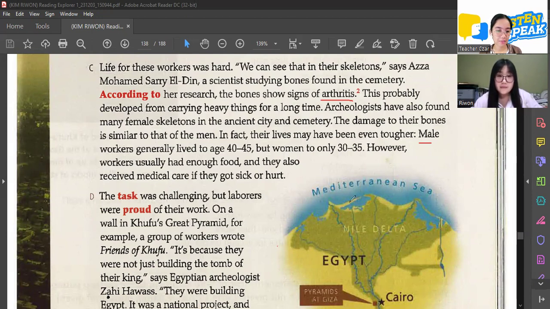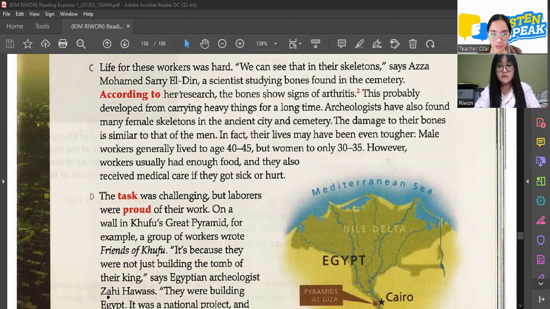Okay, how about letter D? Okay, let's try to focus first on letter C. According to the archaeologists, the life of these workers was hard, because we can see that in their skeletons, says Azza Muhammad Sari, a scientist who studied the bones found in the cemetery.